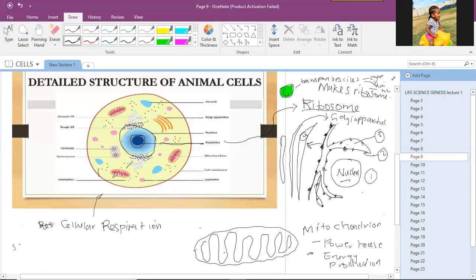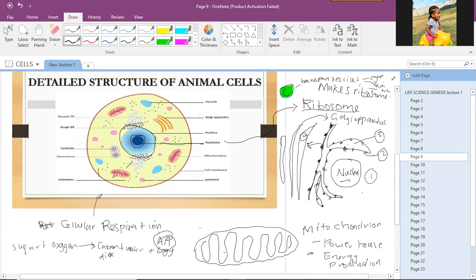At grade 12 level, it's sugar plus oxygen to give us carbon dioxide plus water plus energy in the form of ATP. So this is adenosine triphosphate. This is the cellular energy that's released as a product of cellular respiration. And this energy is going to be used by the cell to carry out all its functions.